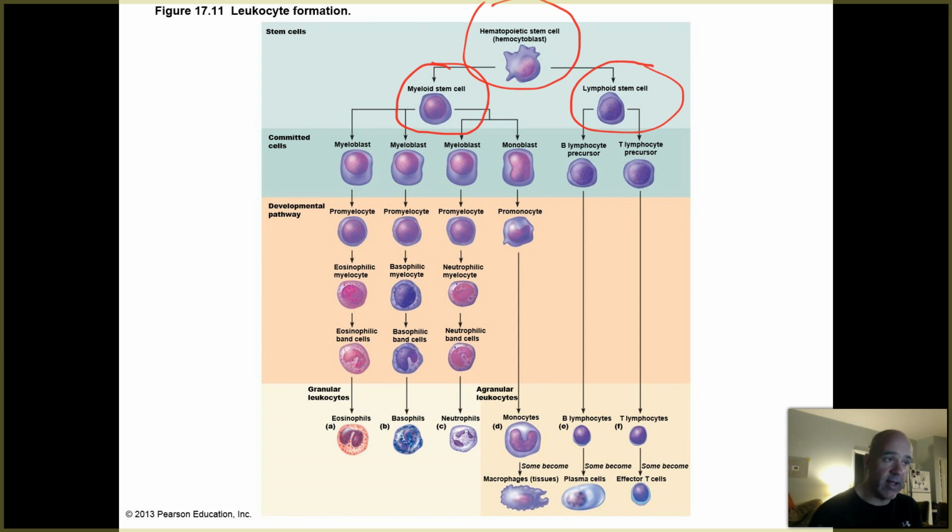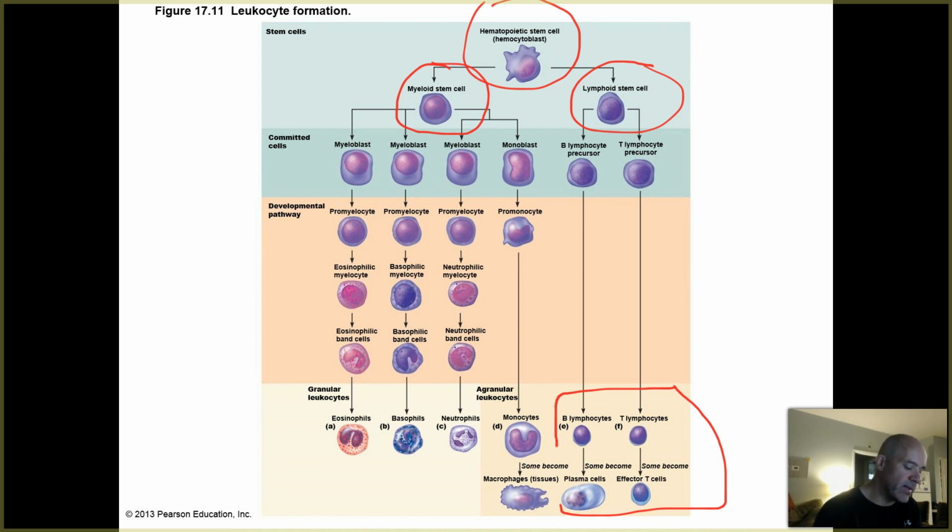And then your leukocytes, these different kinds of leukocytes, include the lymphocytes down in here, which include B lymphocytes and T lymphocytes, also known as B cells and T cells. Those are really your only cell types that come from the lymphoid stem cells.